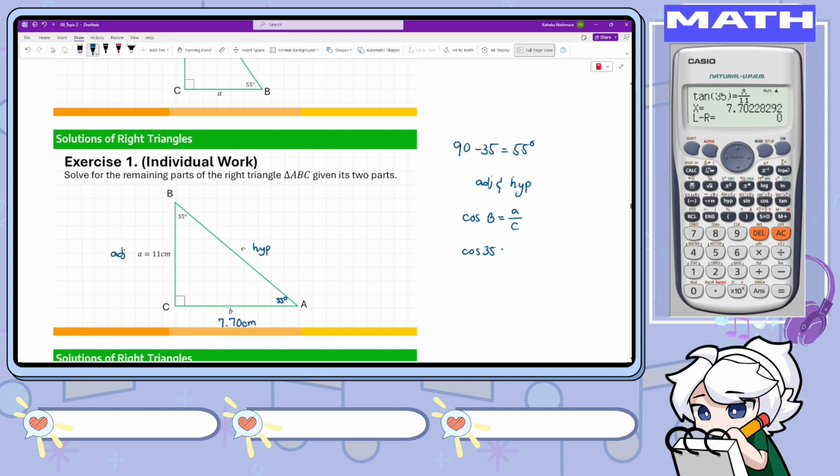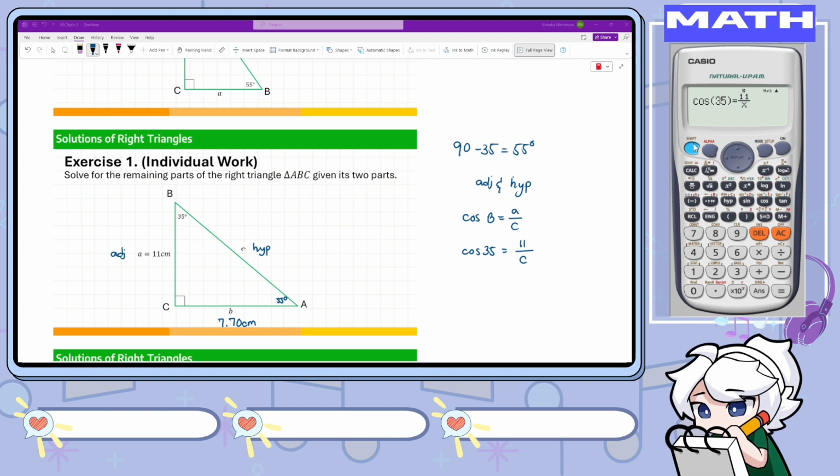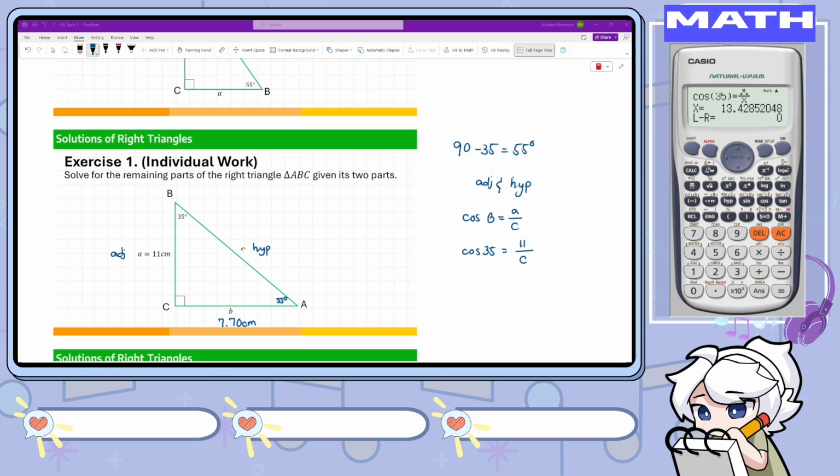Cosine 35 is equal to adjacent being 11 over hypotenuse being C, because we don't have that yet. And the trusty calculator says cosine 35 is equal to adjacent, which is 11 over x, because we don't have C yet. So shift solve equal. Thus, we now have the hypotenuse as approximately 13.43 centimeter. And with that, you are already done.